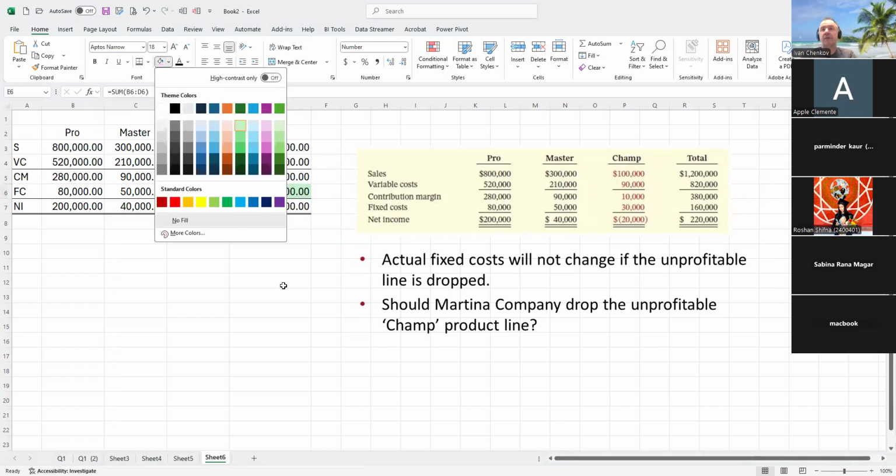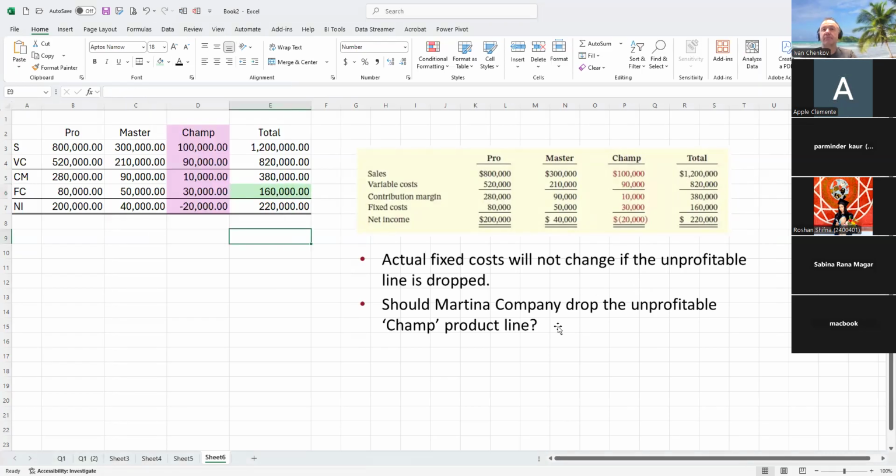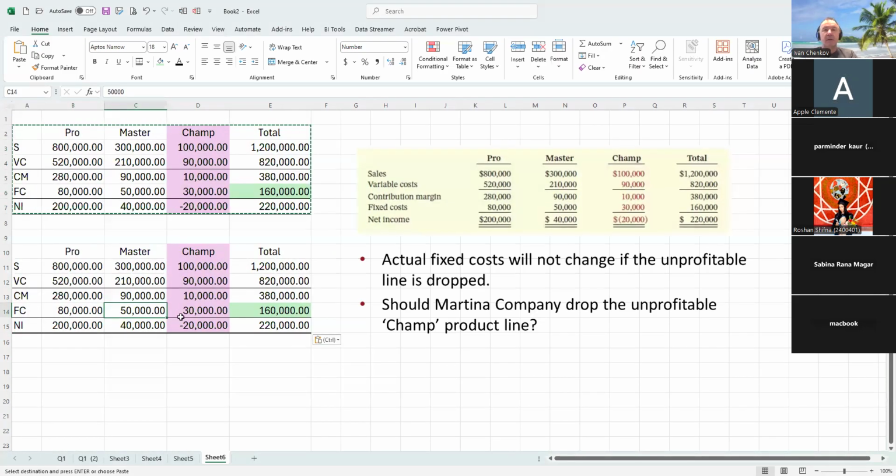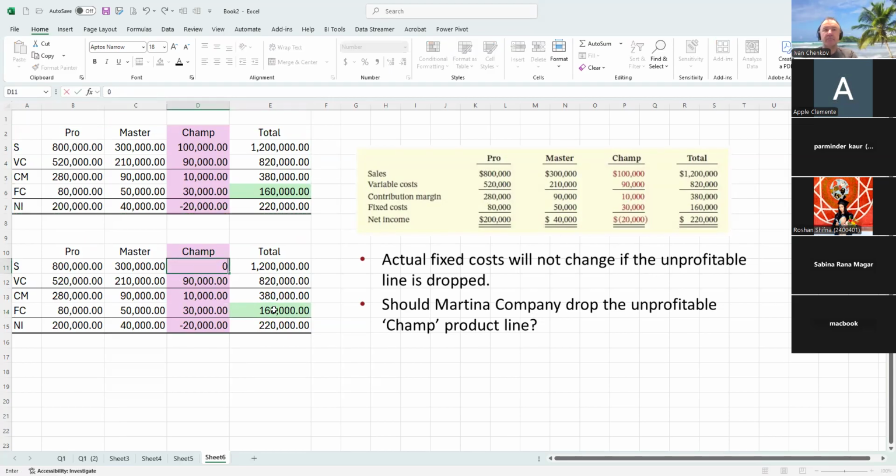if we eliminate that unprofitable product. So what's going to happen? If that actually happens, what's going to happen? Now, this number is not going to change. We're eliminating Champ. That's going to be 0. That's going to be 0.